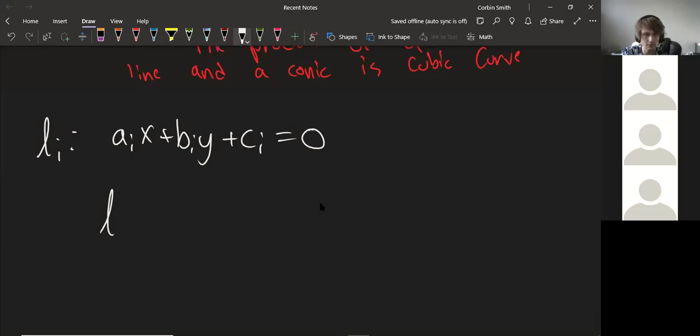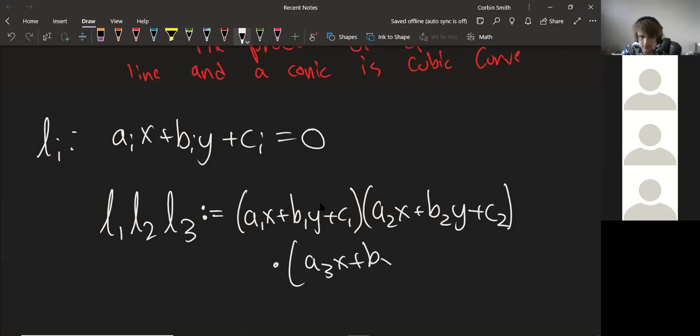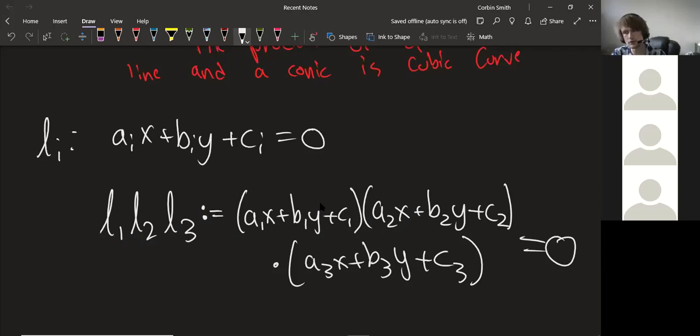Then the product L1, L2, L3 is A1X plus B1Y plus C1 times A2X plus B2Y plus C2 times A3X plus B3Y plus C3, all equal to 0. If you expand that out, you would get something that at first glance wouldn't be obvious that it factored into a product of 3 lines.